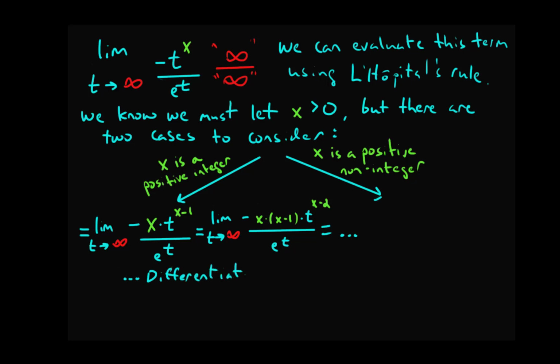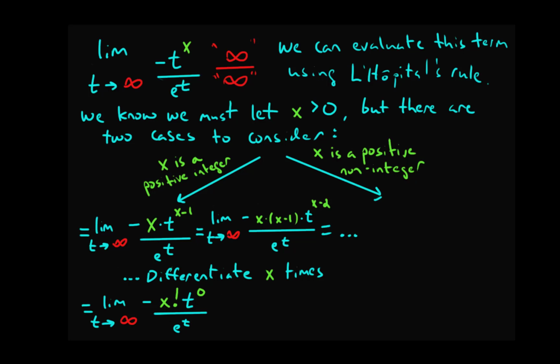But if we do this enough times, actually, if we differentiate this expression x times, then eventually we end up with the expression limit as t approaches infinity, negative x times x minus 1 times x minus 2 all the way down to 1. So in other words, negative x factorial times t to the 0, because we've differentiated x times, all over e to the t.